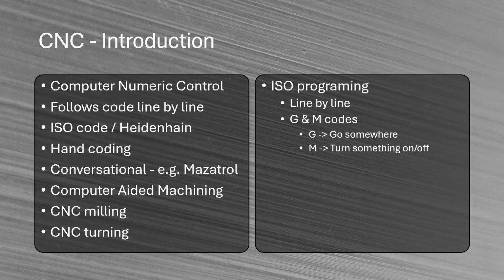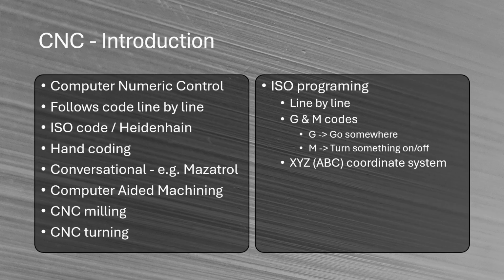And M is usually turn something on or off. There are exceptions to this, and they can sort of merge, but that's in general what you can do. M basically stands for macro, and G doesn't really stand for something. But if you want to remember it, G goes somewhere, M turns something on or off.